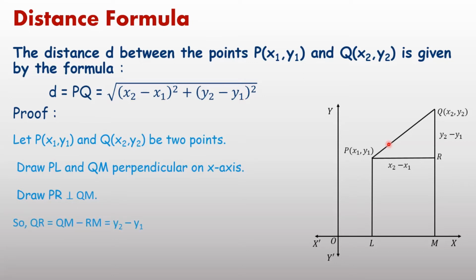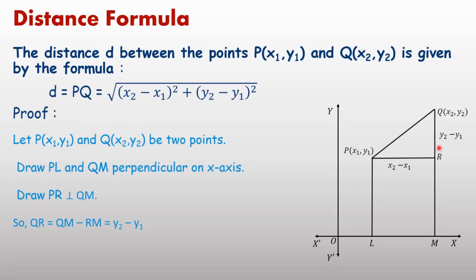Now very carefully read the figure. Distance formula already written here which we have to prove or derive. Since value of QR, just observing figure QR, since coordinates of point Q is written as (x2, y2), x2 represents distance of point from y-axis, means this whole distance OM is x2, and y2 means distance of point from x-axis, means QM.